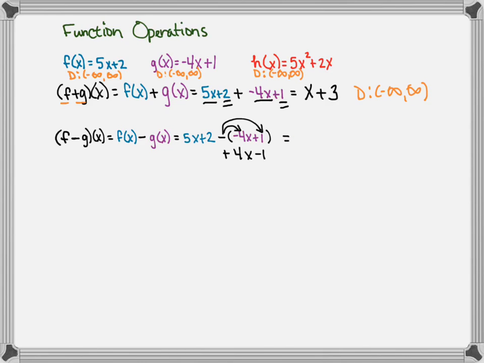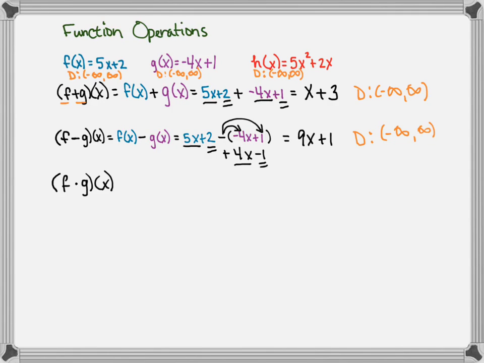Combining like terms, 5x and 4x is 9x. 2 and negative 1 is positive 1. So f minus g of x equals 9x plus 1. The domain of this difference will also contain those values that are in both f of x and g of x. And again, because both of those functions have a domain of all real numbers, the domain of the difference is also all real numbers.